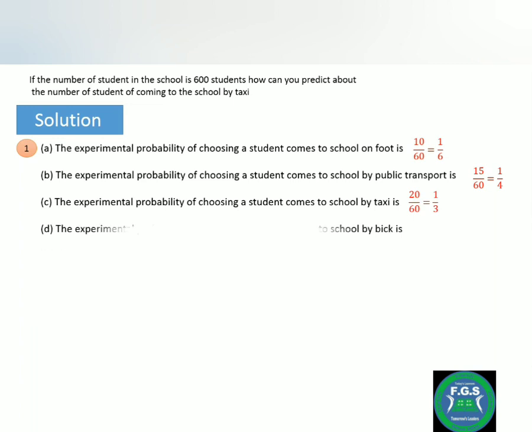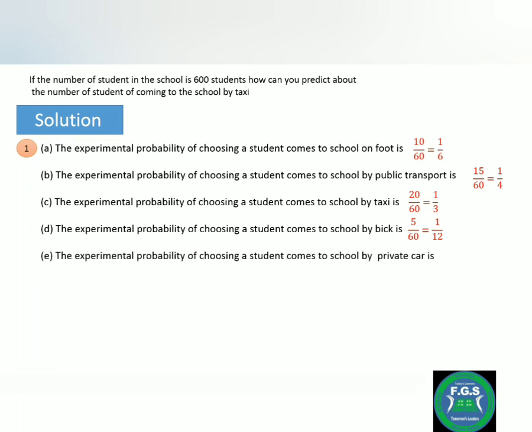Number D, by bike, is 5 over 60, equal to 1 over 12. Number E, by private car, is 10 over 60, equal to 1 over 6.